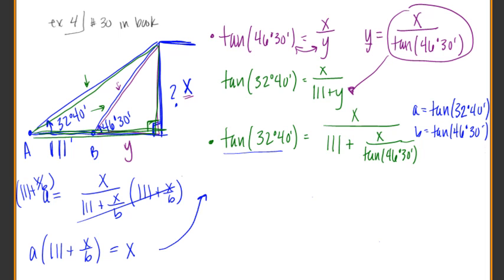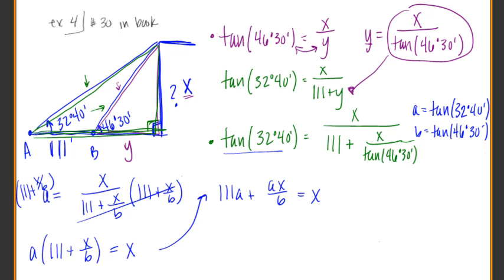So let me come up over here. If we distribute a little bit, it's a over here, so we can lead with our number part. I'll write 111a plus ax over b is equal to x. Okay. Now, where are we headed with this again? What is our whole goal? Remember, we're trying to get x by itself.